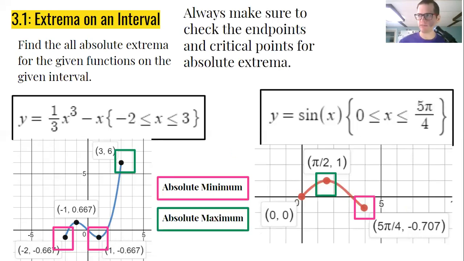Always make sure to check the endpoints and critical points for those absolute extrema, because while these two are a little bit different, they each have the issue where one of the absolute extrema is at a critical point. So you need to check the endpoints and the critical points. The critical points are when the derivative is 0 or undefined.